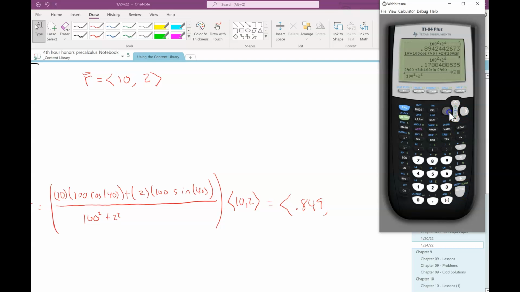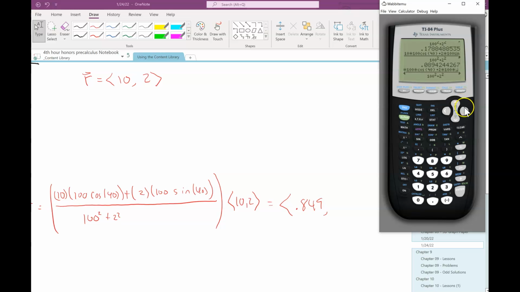Ten times 100 cosine 40, and then plus 2 times 100 times sine 40.